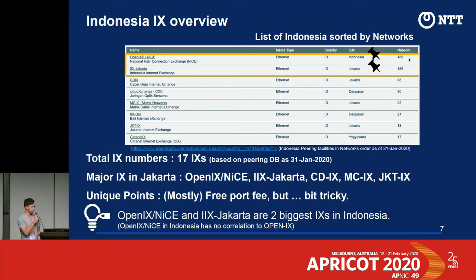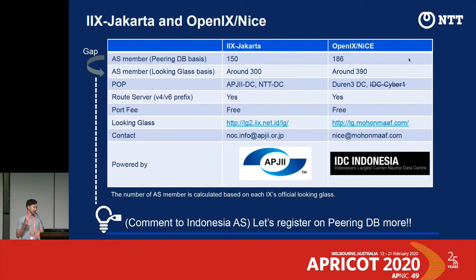And the point is, like I said, OpenIX and IIX Jakarta are the two biggest IXs in Indonesia. Everybody wants to connect to these two big IXs. So let's break down these two IXs. On PeeringDB, IIX Jakarta has 150 members and OpenIX has 186.